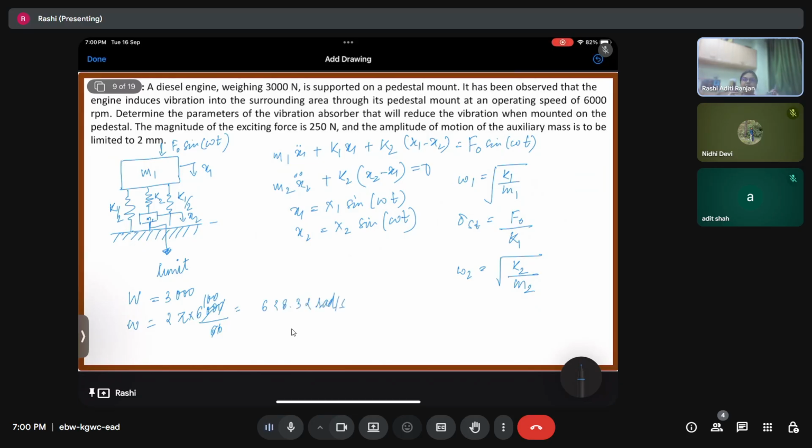Then we have F naught as 250 Newton and the X2 limit as 2 mm. So what do we have to find over here? We have to find the parameters of the vibration absorber, which are M2 and K2.